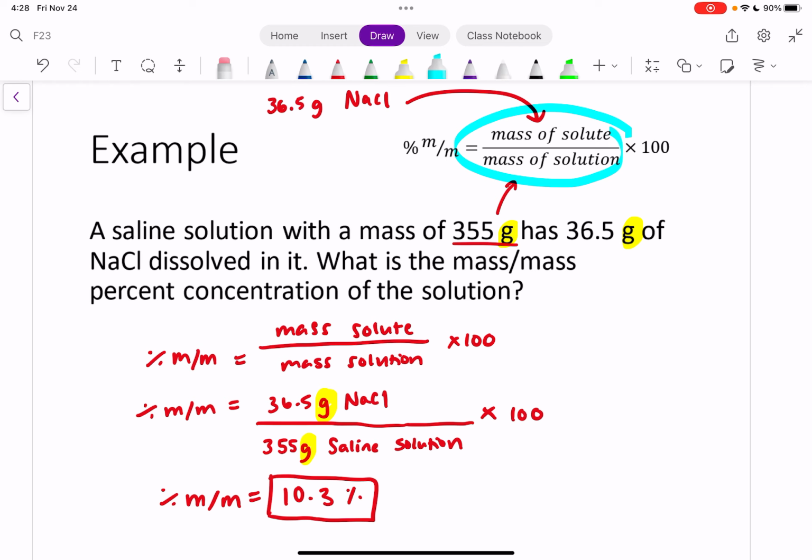And what that gives us is a fraction. Hey, how much of my solution consists of my solute? How much solute is dissolved in this solution, right? If you have 36.5 grams of sodium chloride in a larger amount of solution, you're going to have a less concentrated solution, right?